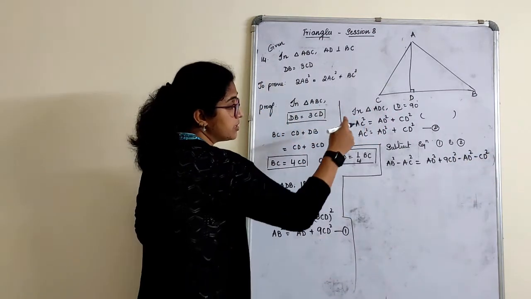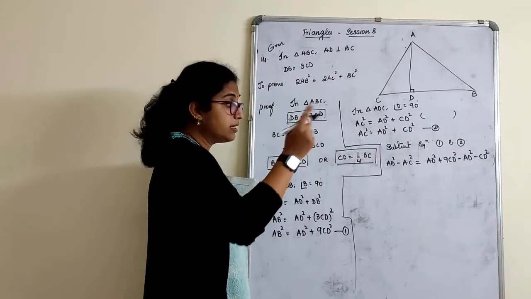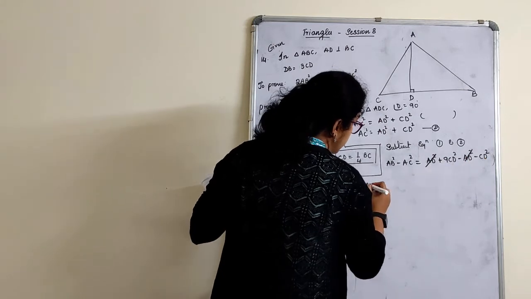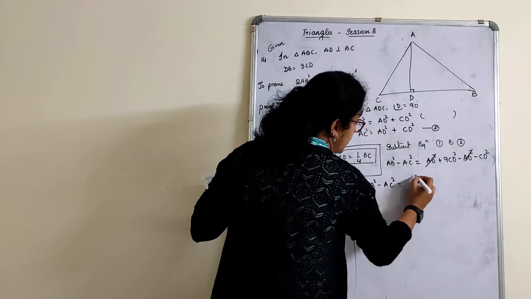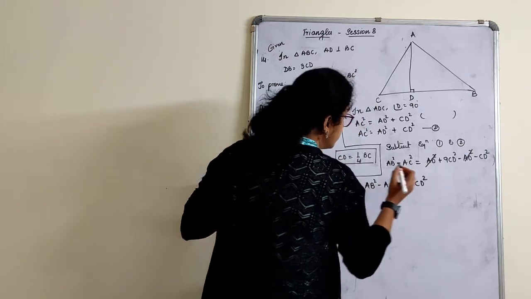Why minus? Because when I take this whole term as minus bracket, we substitute that. AD square and AD square will get cancelled. AB square minus AC square is equal to 9 minus 1, 8 times CD square.